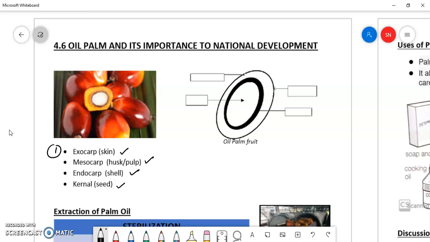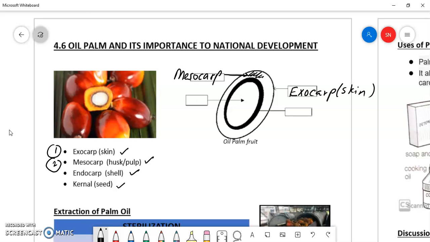So, this is going to be the exocarp, right? So we also call this the skin of the fruit. Okay, the next part is the mesocarp. The second part is the mesocarp, which is this section here, this area here. So this is called the mesocarp.